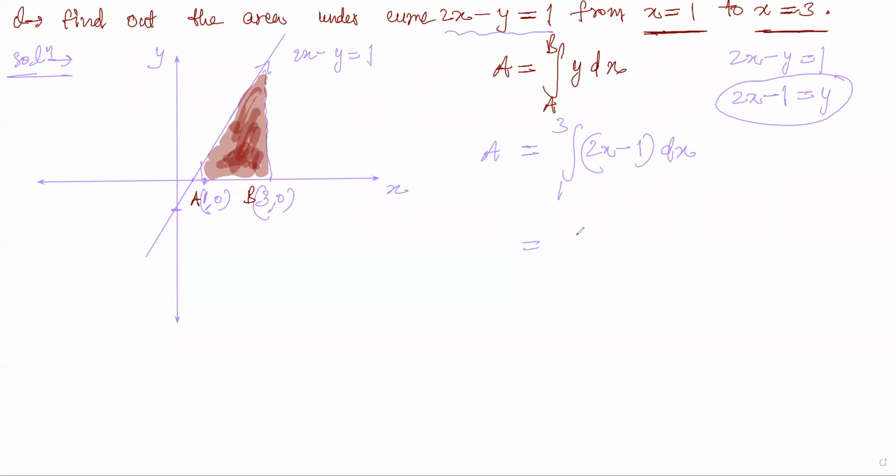Nazir, check again. Oh yeah, correct. So you put 3, you get 9 minus 3, 6. You put 1, you get 1 minus 1, 0. The answer is 6 square units.